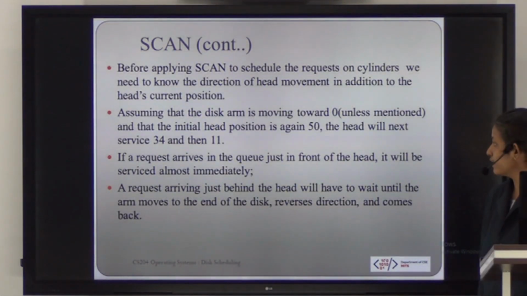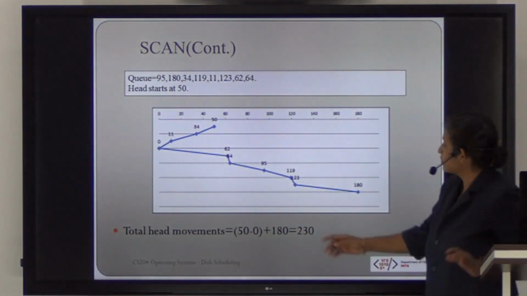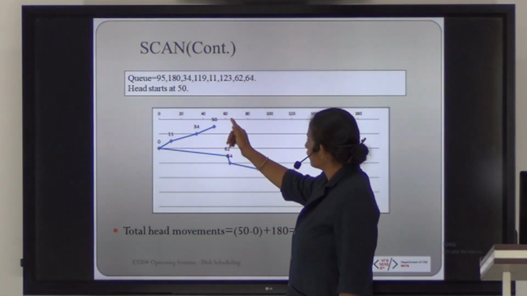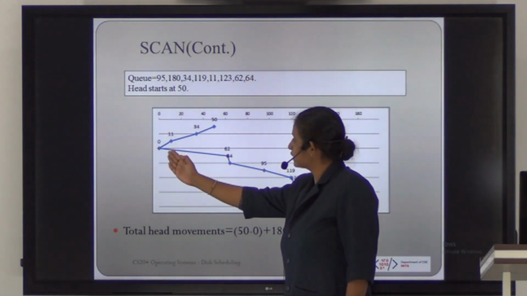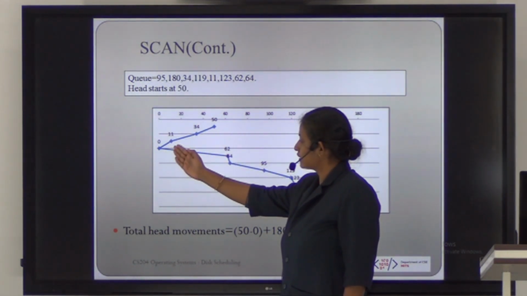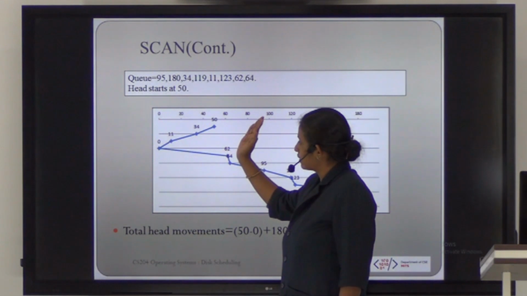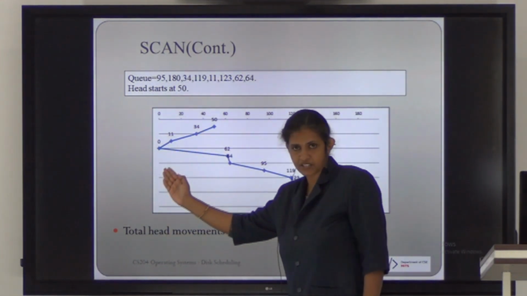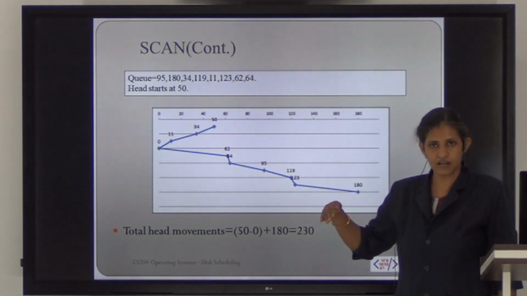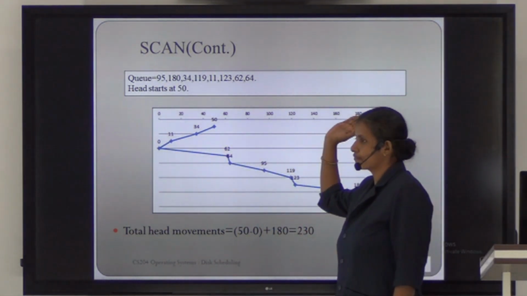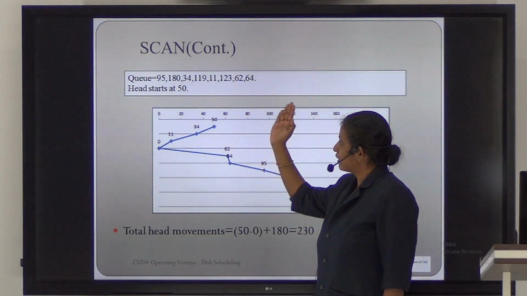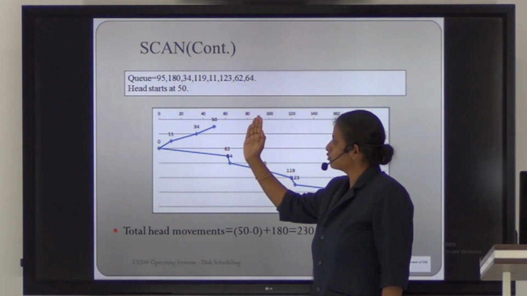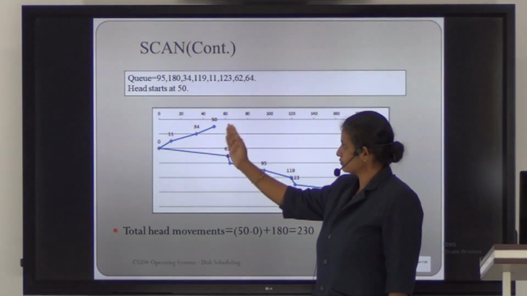What we need here, in addition to the movement, is the direction of the movement of the arm. Unless it is mentioned otherwise in the question, if it is not particularly mentioned, we assume that the head is moving towards 0.